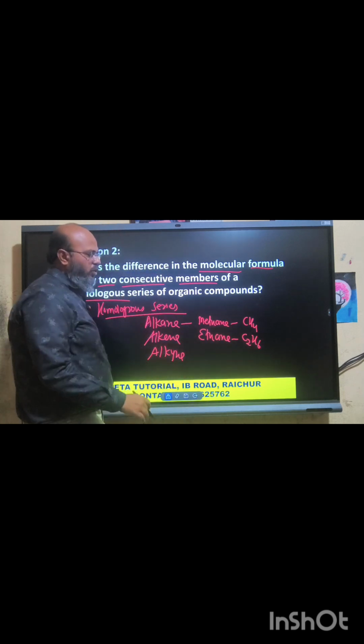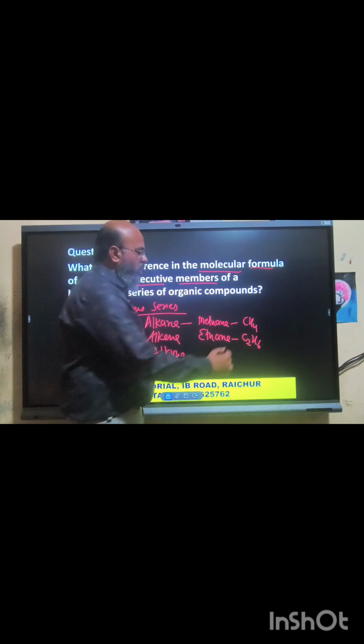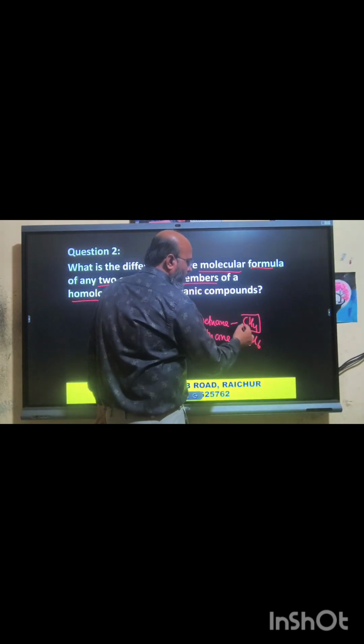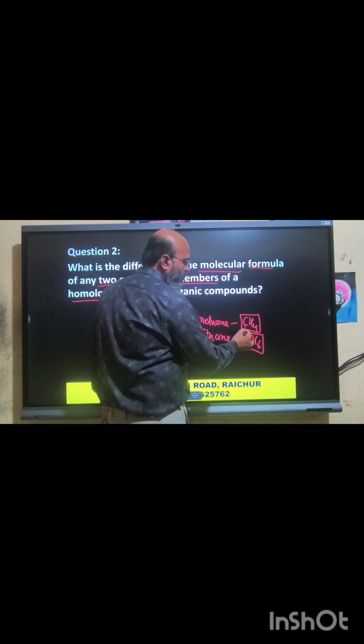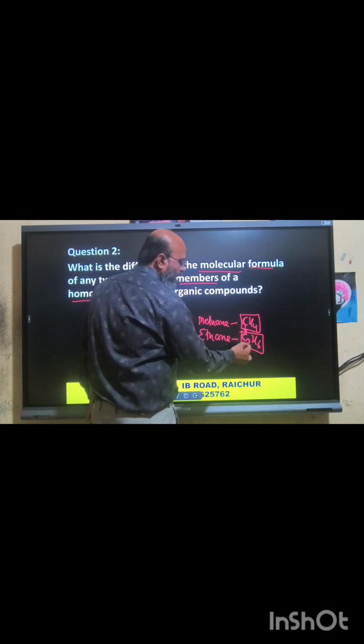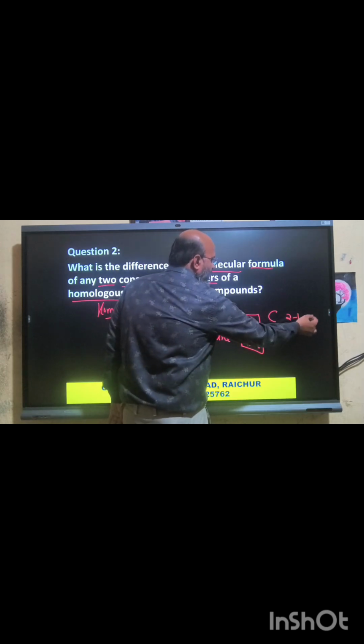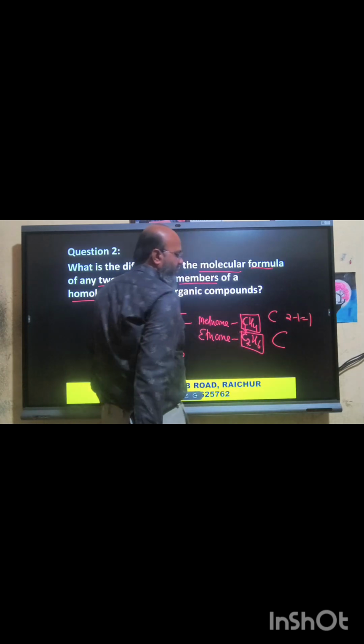Now we can find the difference between the molecular formulas of methane and ethane. As you know, here is CH4 and here is C2H6. First let us find the difference between the carbons. Here we have one carbon and here we have two carbons. So 2 minus 1, there is only one carbon. C will come here.